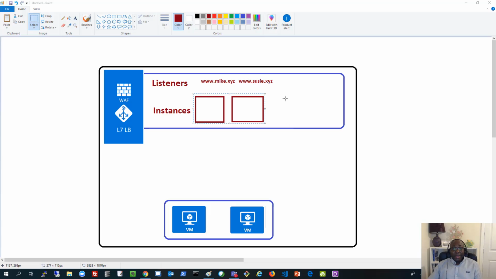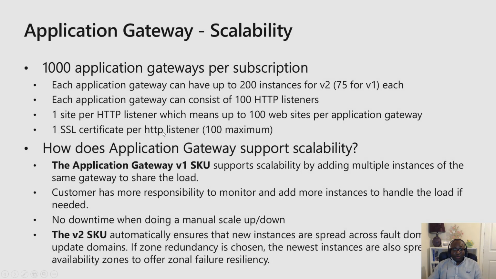That's the reason why on the listeners here, I started writing out different domain names and different website names, because application gateway can have up to 100 of these, and again up to 200 or 75 of the instances. So for example, I can have multiple different domain names and different websites and web services, and that could even be subdomains on that one domain, and I can have up to 100 of those for a single application gateway.